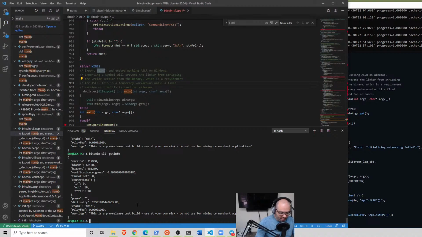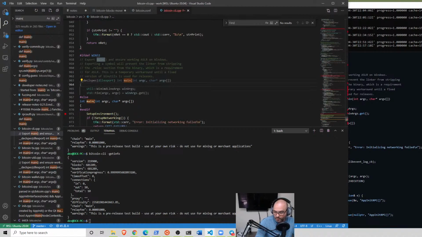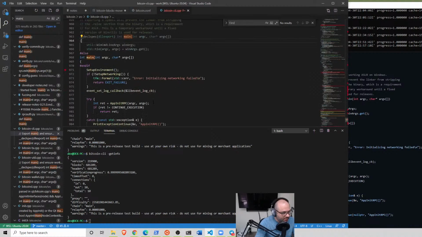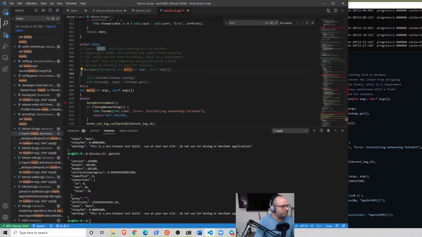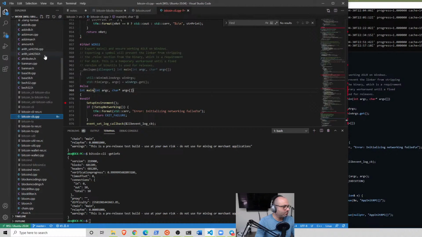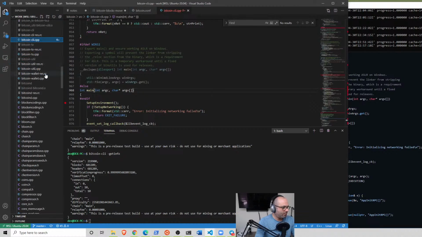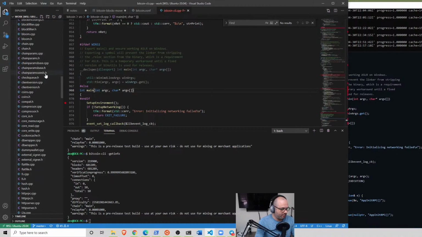Okay, so the things that jump out to me with bitcoin-cli are three things. One thing is that I saw some JSON communication that indicates this is more like a web interface.